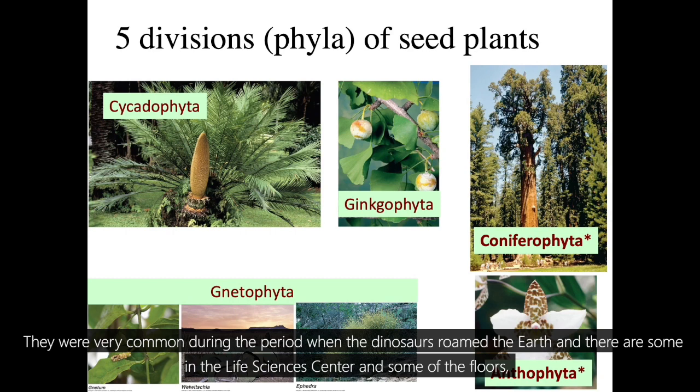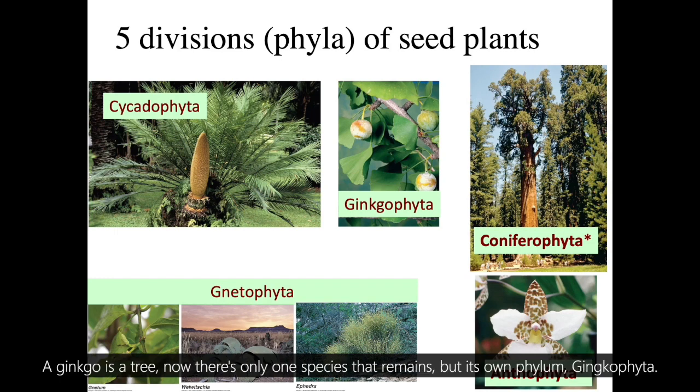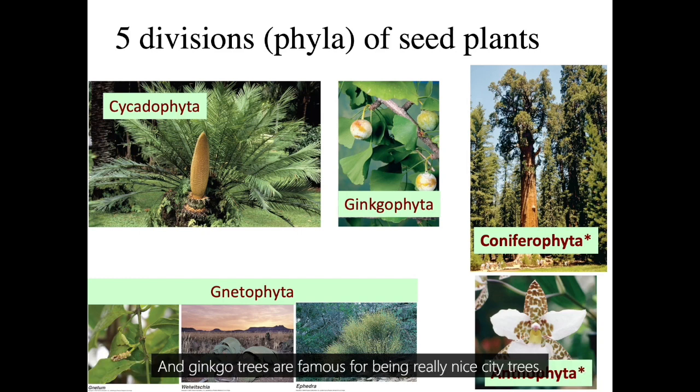And there are some in the Life Sciences Center on some of the floors. If you go to the ends of the hallways, you can find a cycad. A ginkgo is a tree. Now there's only one species that remains, but it's its own phylum, Ginkgophyta. And ginkgo trees are famous for being really nice city trees.